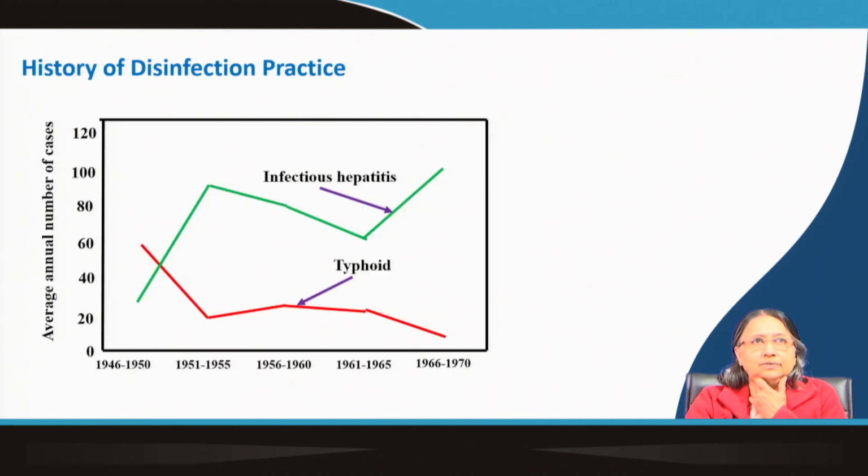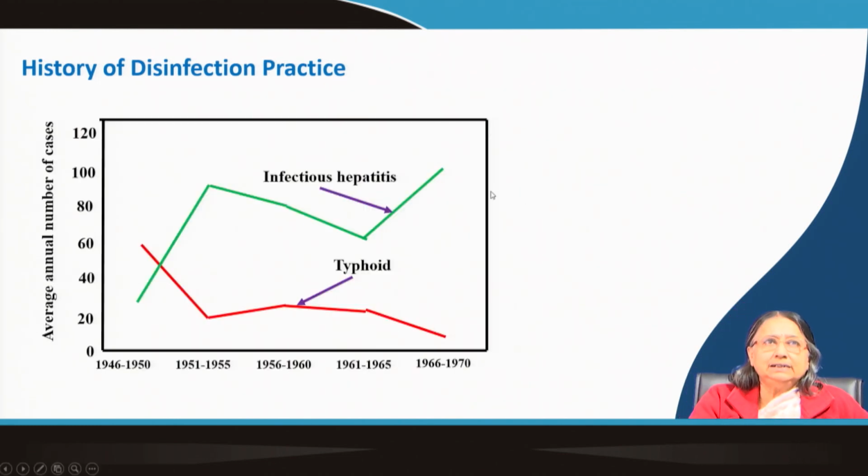Now, here on disinfection practice, you can see that there are two types of curves. Here the typhoid, you can see it is coming down, from 1946 to 1970. But here this is hepatitis, it is not coming down, maybe it is going up, or at least you can think it is not coming down.